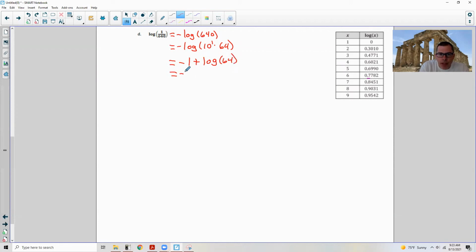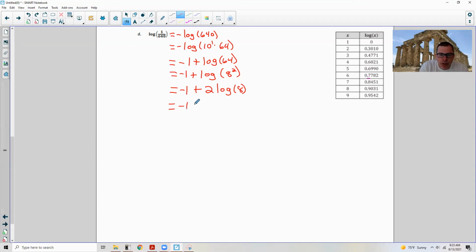So that's going to be the negative 1 plus the log of, and 64 is 8 squared. So that's going to equal negative 1 plus 2 log 8. Okay, I'm bringing that 2 out in front, or you could have said that's 8 times 8, so it would be log 8 plus log 8, but log 8 plus log 8 is 2 log 8. All right, so I like doing it this way because I'm now familiarizing you with the power rule of logs at the same time.